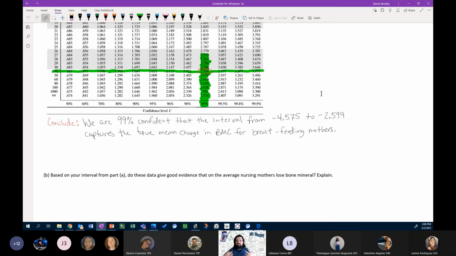So again, that conclusion statement is what wraps it all up. That connects everything back to the context, and it's the actual answer, so to say.